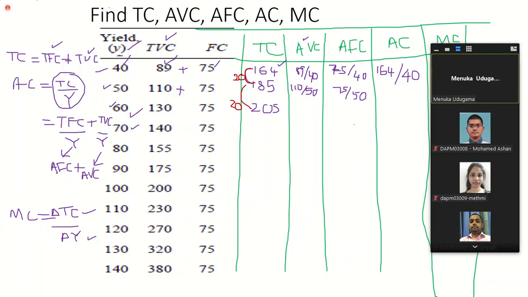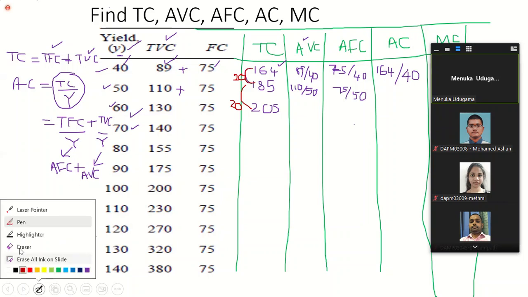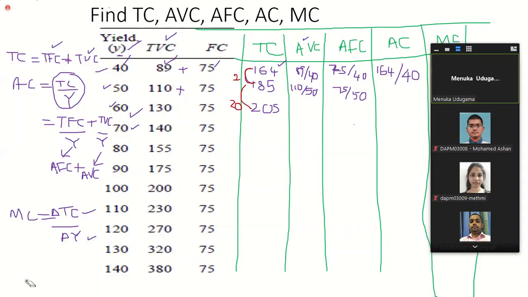I thought some of you might point it out. So 21 and 20, that's the change in total cost. And the yield difference here is 10. Again 10. Each time it's a difference of 10.